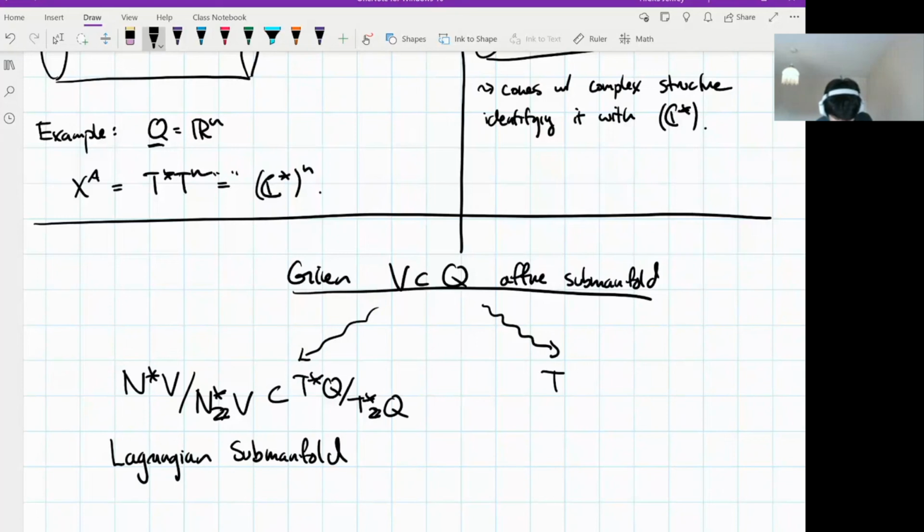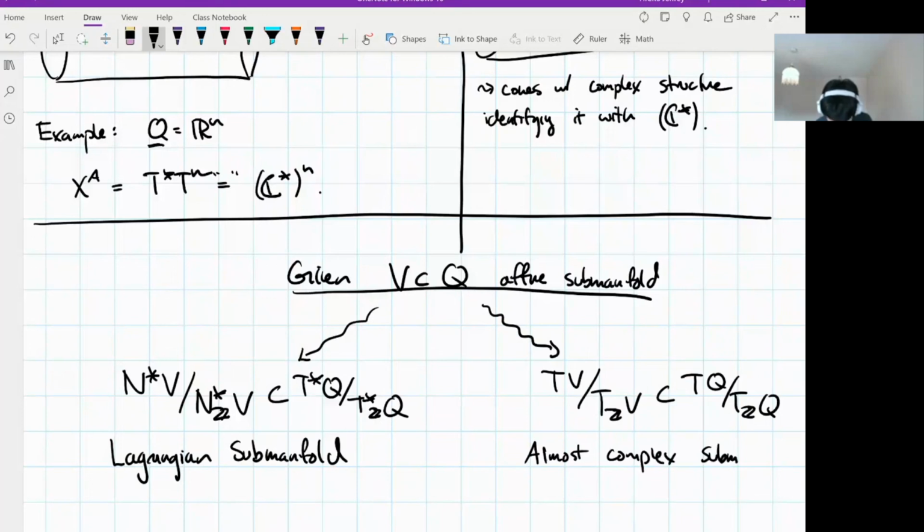Or I could take the tangent bundle to V mod the tangent lattice subbundle of V inside of TQ mod T_Z Q, and this gives me an almost complex submanifold.